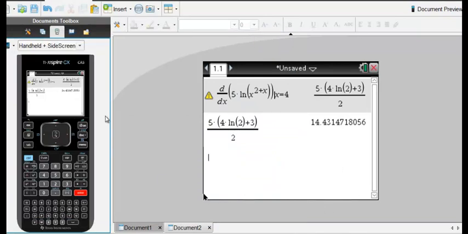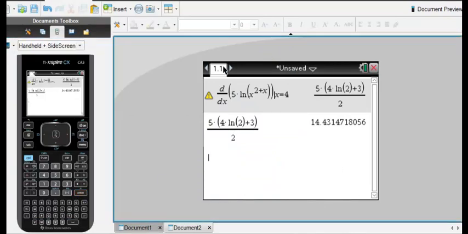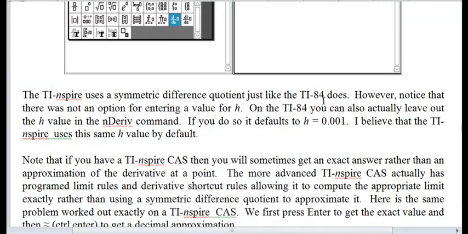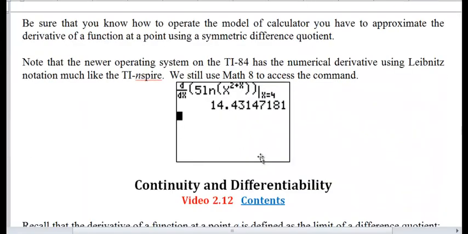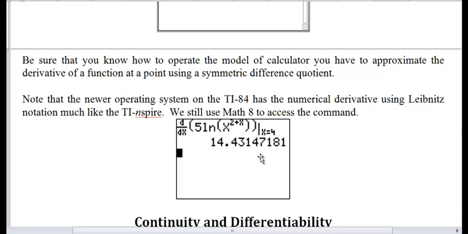And so you can actually get an exact value from a CAS calculator. CAS stands for Computer Algebra System. And so there is how you can use your calculator to get a very nice and easy shortcut to finding a numerical derivative. Well, what is a numerical derivative really? It's a symmetric difference quotient. That's what your calculator is actually doing.